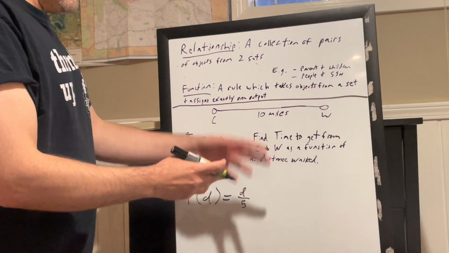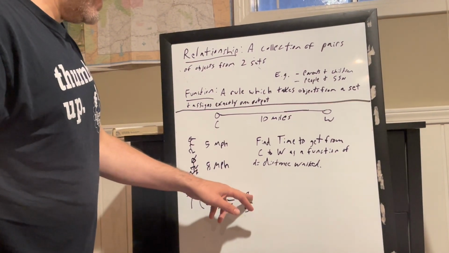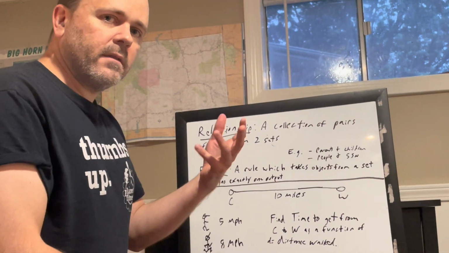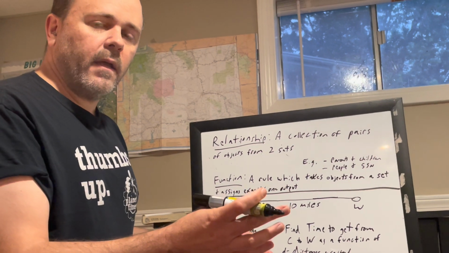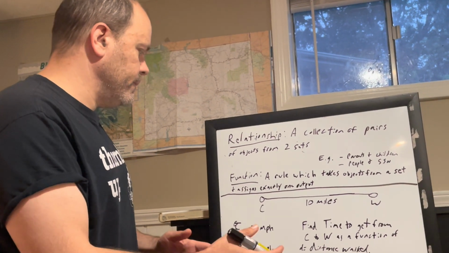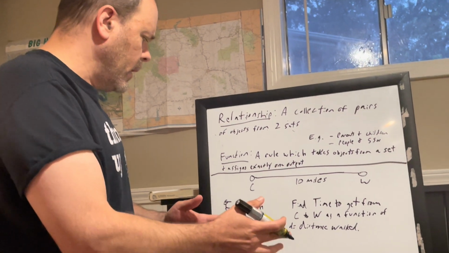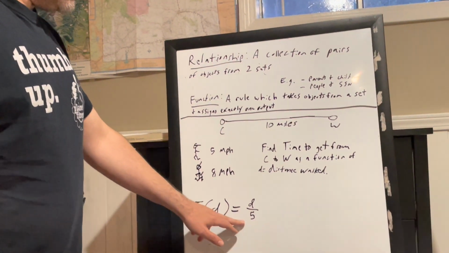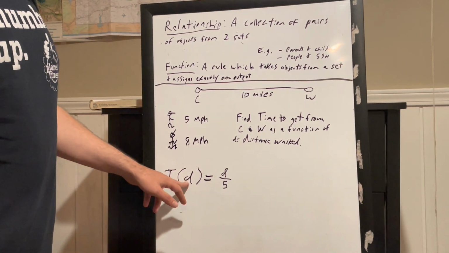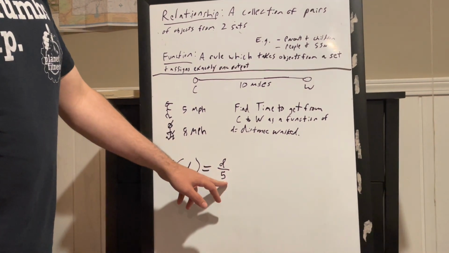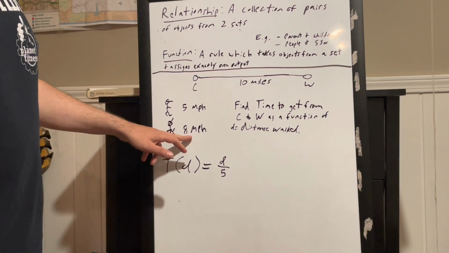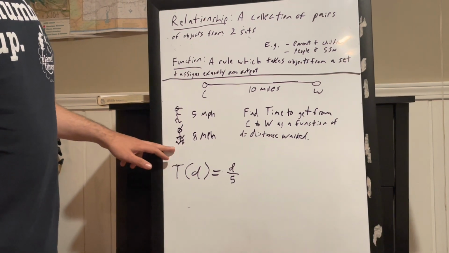And we already did all that. This is going to be miles and this is going to be miles per hour. And we already worked out how those units cancel out and the answer is in the unit of time, which in this case is hours. So that tells us how long it takes to go D miles at a rate of 5 miles per hour.